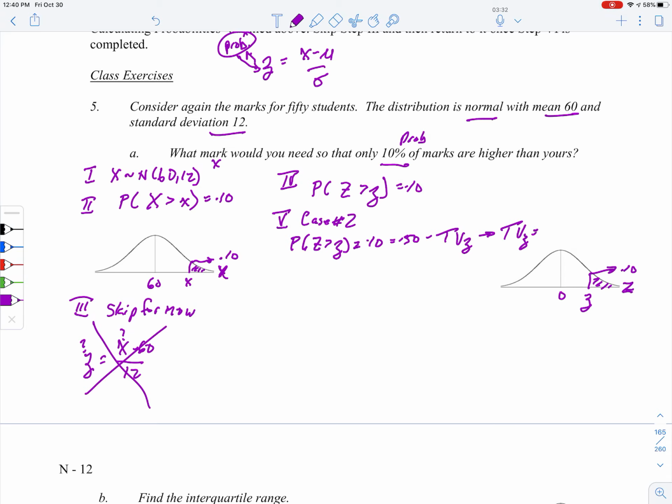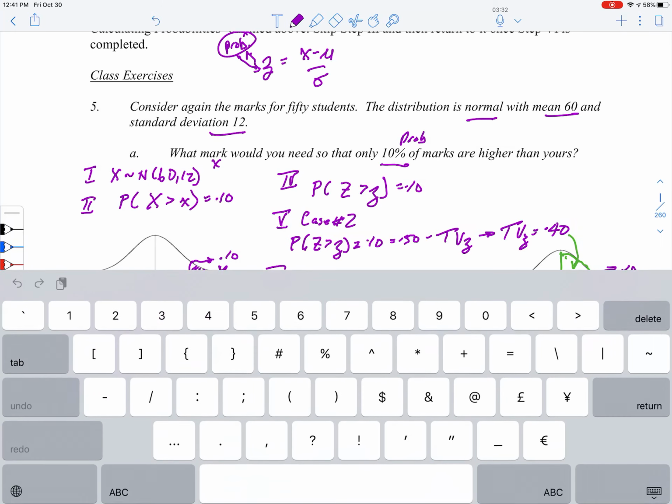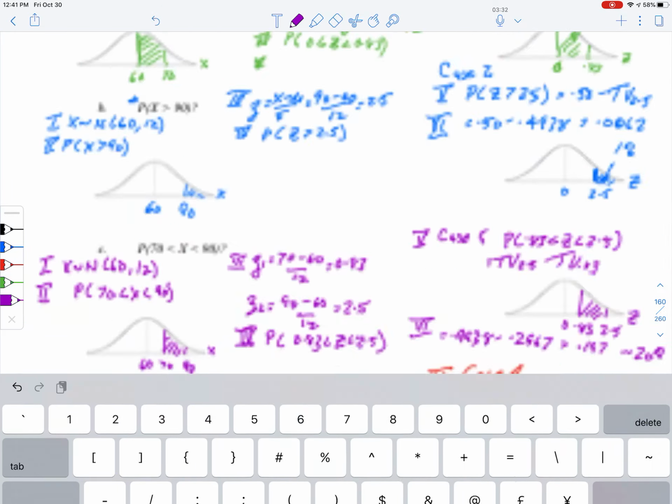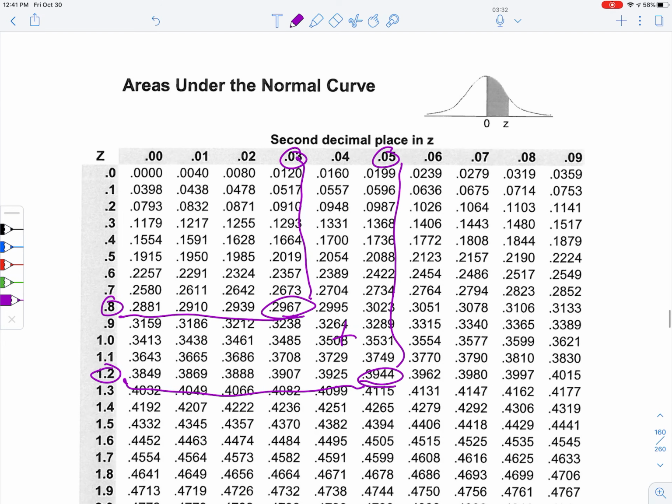And that means that the table value for z is equal to 0.40. All that's saying is that's this area right here, because the table always gives us the area from some z value down to 0. So if you've got 10% in the upper tail, then you've got 40% in that area. So what we're going to do now is go to step number 6, where we go to the table, and I think that's on about page 160 here.